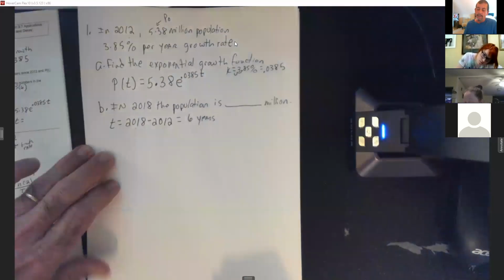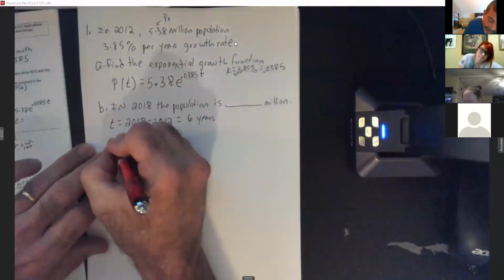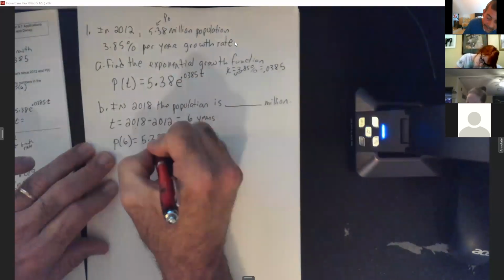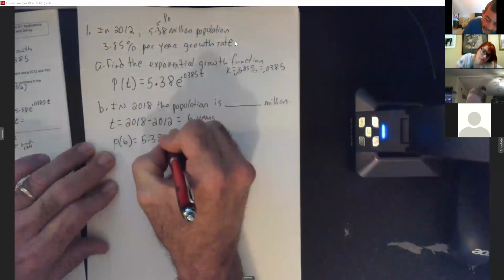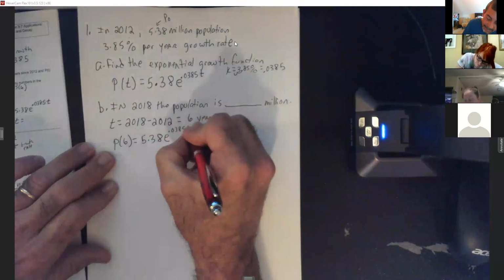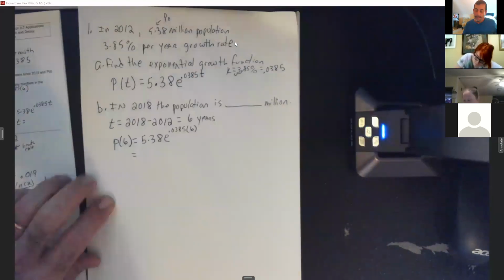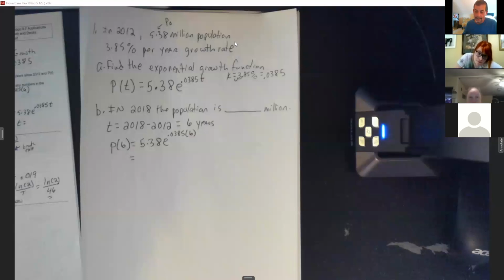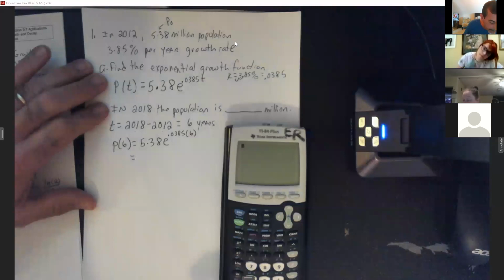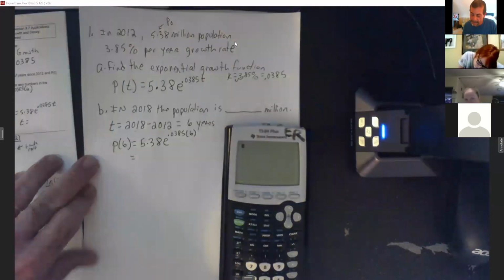So I'll use 6 for my t and figure out what we get. So we're finding P of 6, which will be 5.38 e to the 0.0385 times 6. We just plug that in to see what we get. And they want us to round to 1 decimal place.